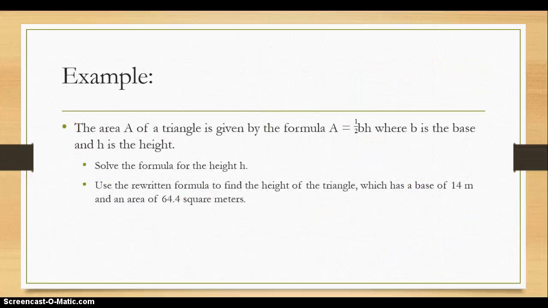So we have a triangle. The area A of a triangle is given by the formula A equals 1/2 b times h, where b is the base and h is the height. Solve the formula for the height h.